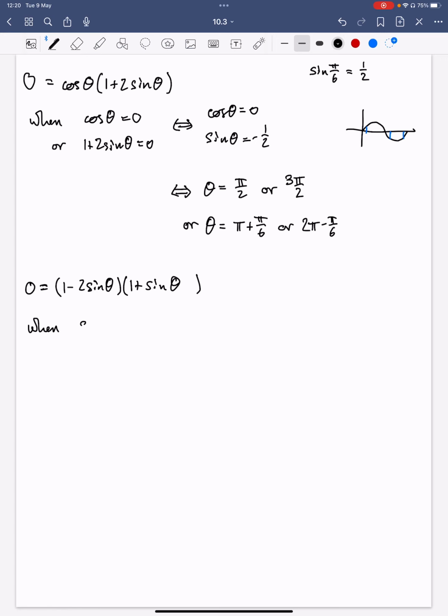So this is true when, let's go a little faster, sine theta is a half, or sine theta is negative 1. And so this is true exactly when theta is pi by 6, or pi minus pi by 6 this time. And then the second one is true exactly when theta is 3 pi by 2.